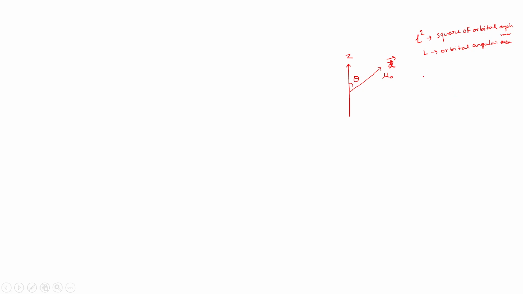Am I saying it correctly? Or you can say L is going to give you the direction, and N, the quantum number in the hydrogen atom, will give you energy, right?